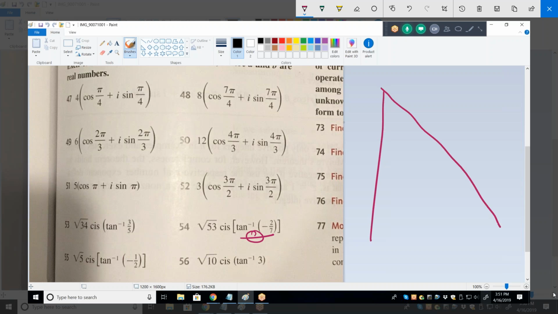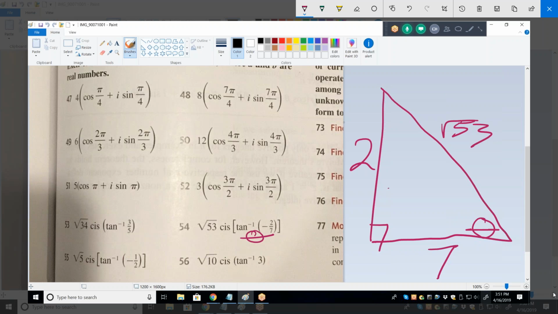And I have to label theta on that triangle, because theta could be the upper one. Dimension this triangle. So the side opposite theta is 2, and the side adjacent is 7. Notice I don't care about that negative sign yet. All of these triangle dimensions are always positive numbers. What's the hypotenuse? Root 53.